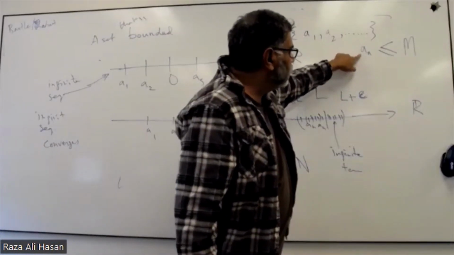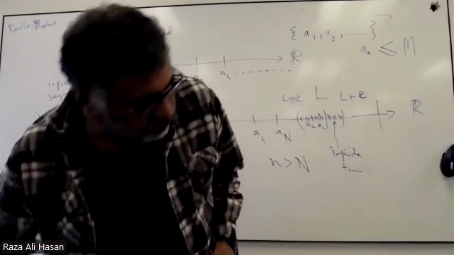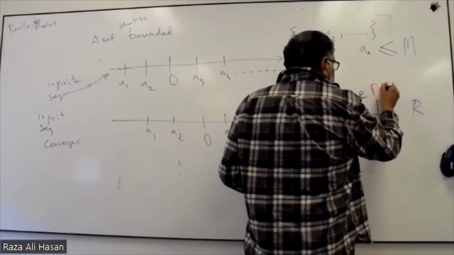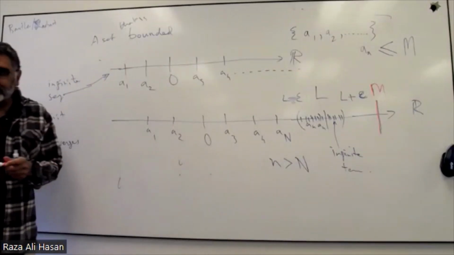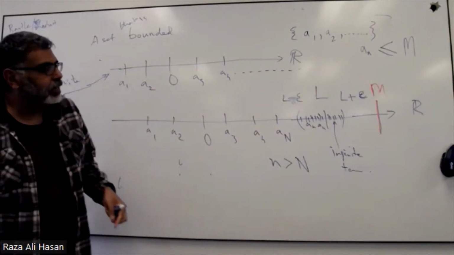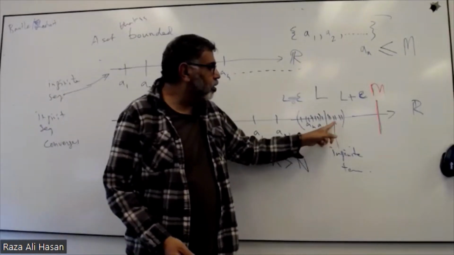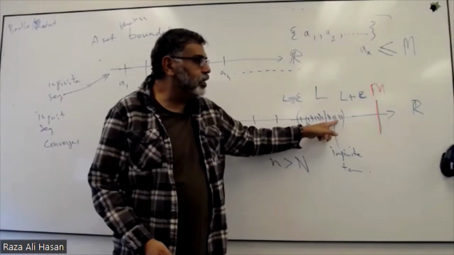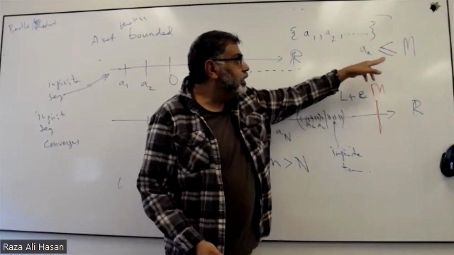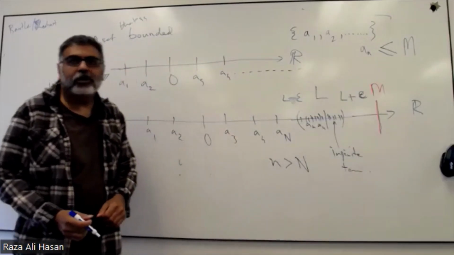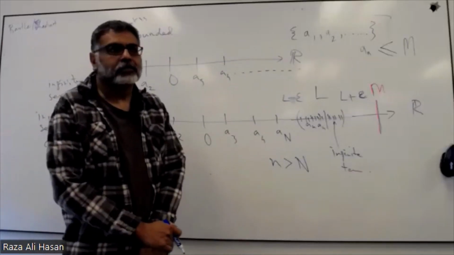All the terms of this sequence are less than M. Why is this picture correct? Anybody? How do we test that this M is at the right place? Because all the infinite number of terms are smaller than M. But this just gives us the upper bound. We want the lower bound. So how do we change that?